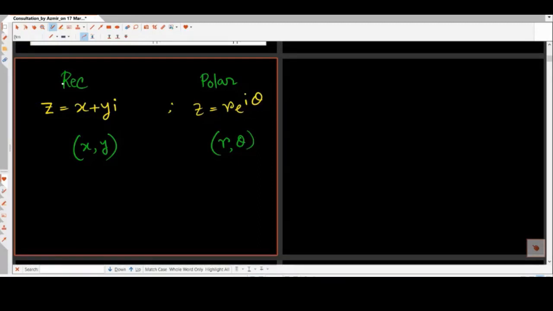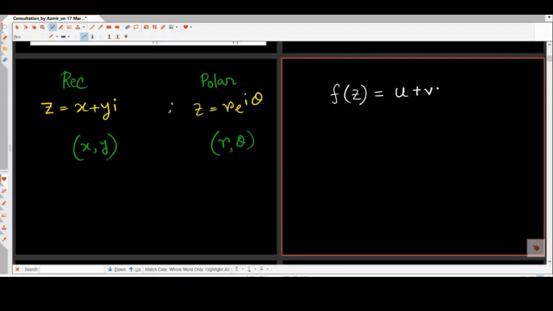A complex valued function can be written in rectangular form, or we can also write it in polar form. A complex valued function is normally denoted by f(z) equals u plus vi. Here you can see we have 2 parts, u and v. u is the real part and v is the imaginary part.